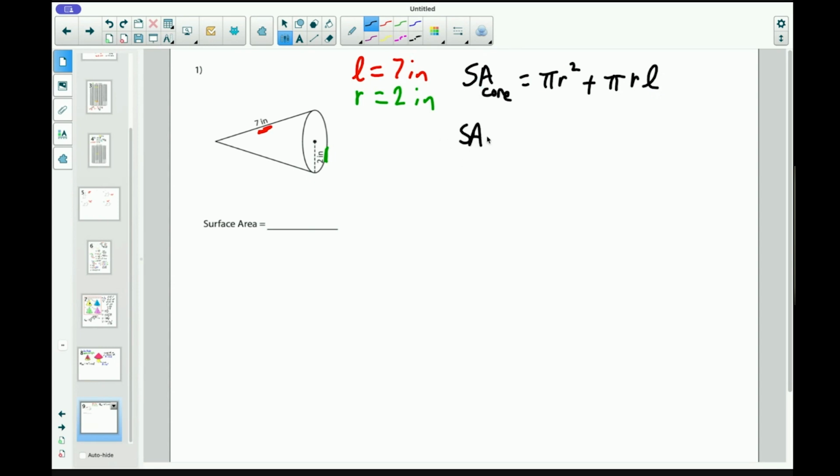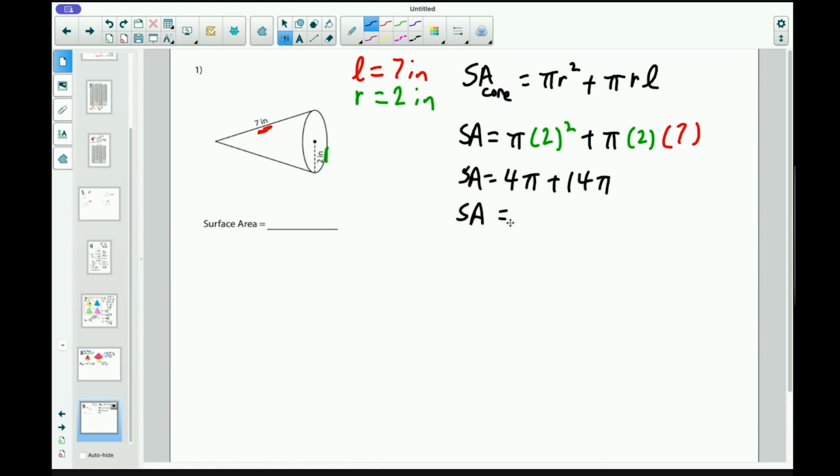So SA is equal to pi times 2 squared plus pi times 2 times 7. 2 squared gives me 4, so I'm going to have 4 pi. 2 times 7 is 14, so plus 14 pi.